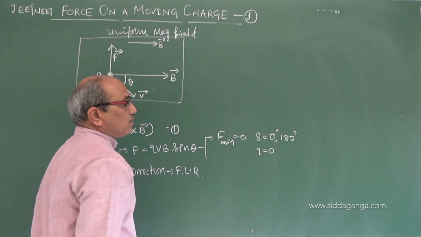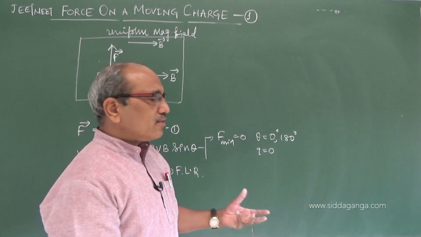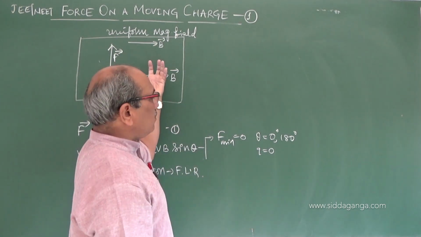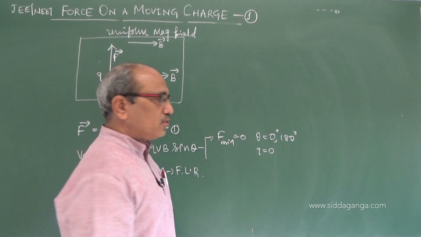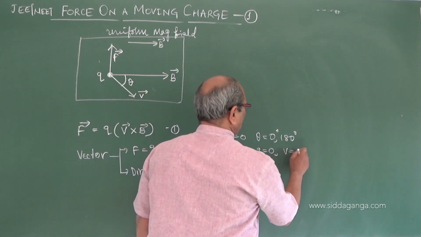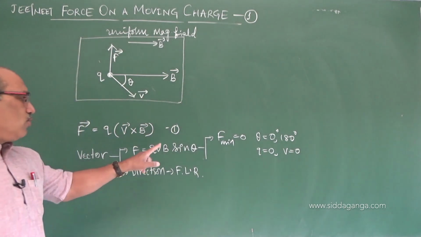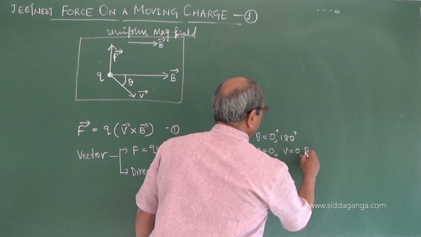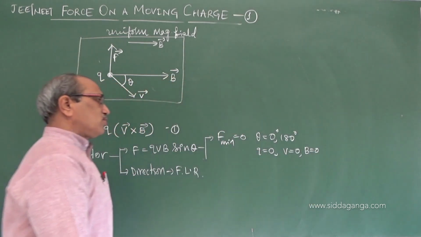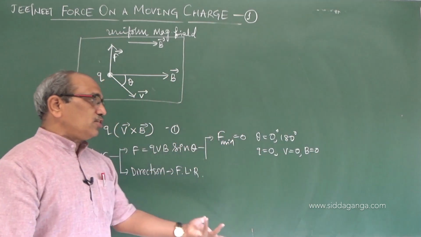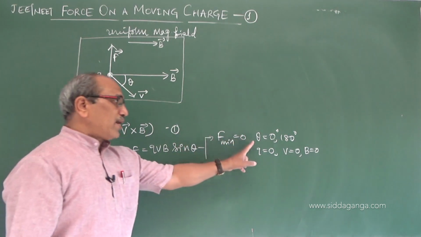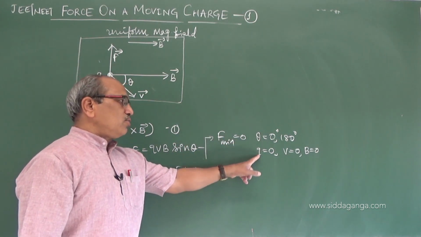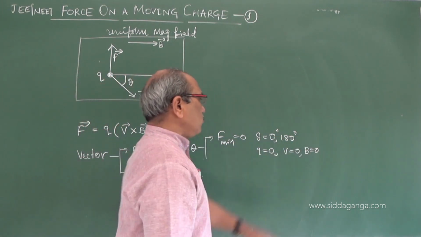If you place a neutral particle in the magnetic field, you will not experience a force. If the velocity is 0, because q is 0 or v is 0, even a moving charge with v equal to 0 will not experience any force. These are the cases where the force is 0, whether the charge moves parallel to the field, or the charge is 0, or the velocity is 0.